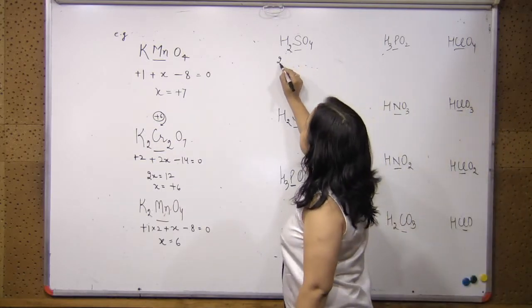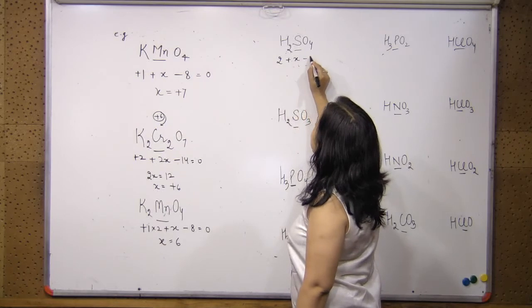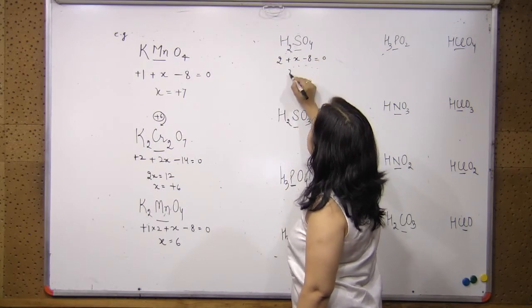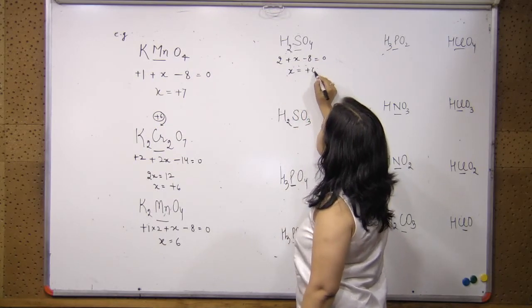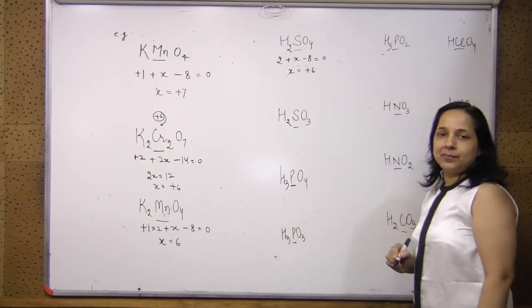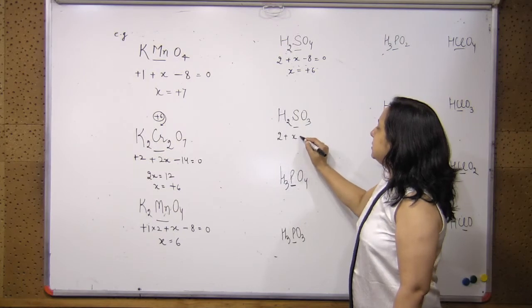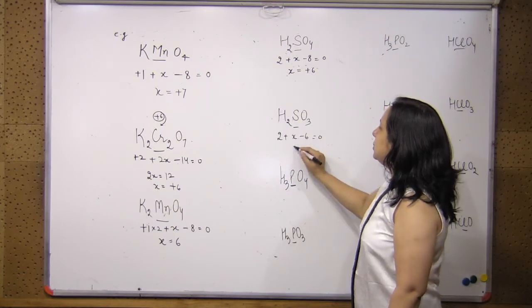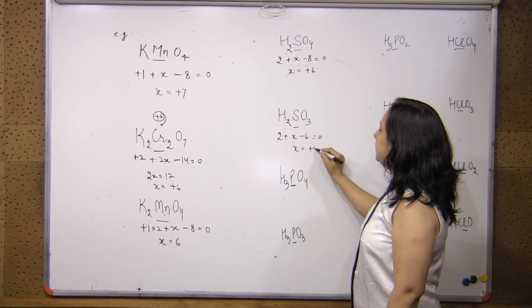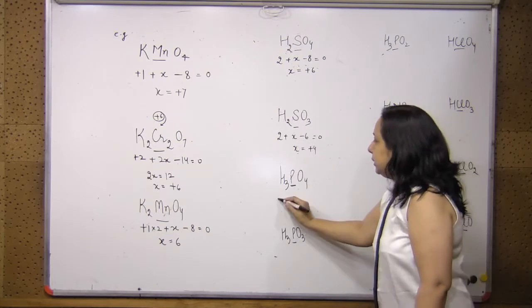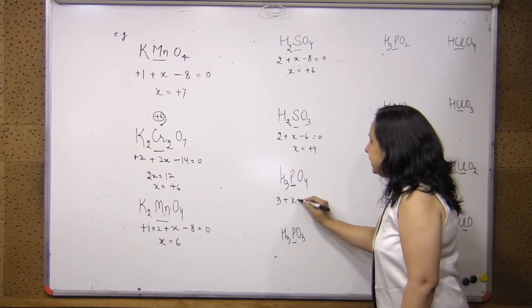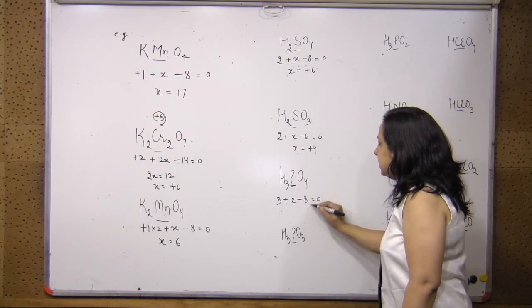H2SO4, it is 2 plus X minus 8 is equal to 0. X comes out to be plus 6. H2SO3, 2 plus X minus 6 is equal to 0. X comes out to be plus 4. H3PO4, 3 plus X minus 8 is 0.